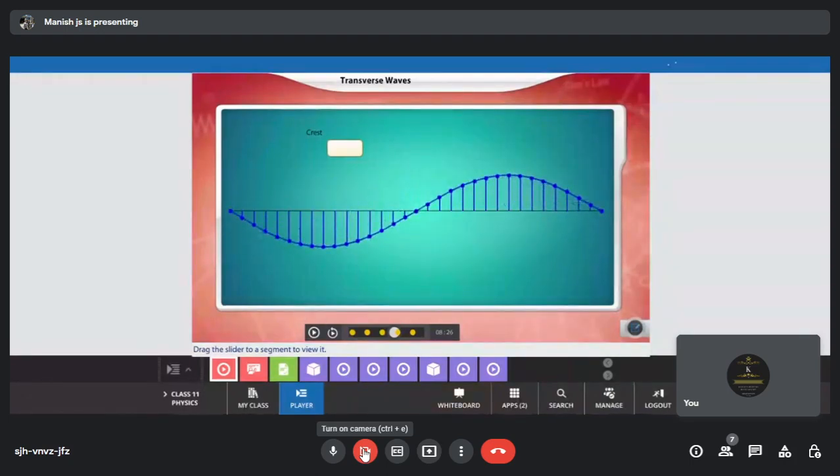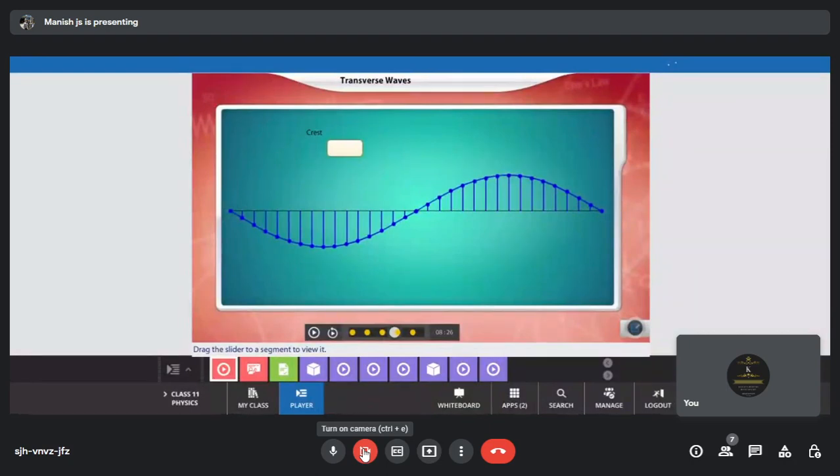So what can you see in this animation, this simulation video? If you observe each blue point very closely, its motion is just oscillating up and down. They are just moving up and down. That's all. But how is the wave moving? The wave is moving towards the right. Can you observe?